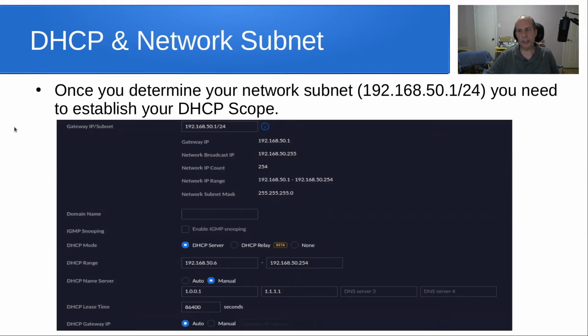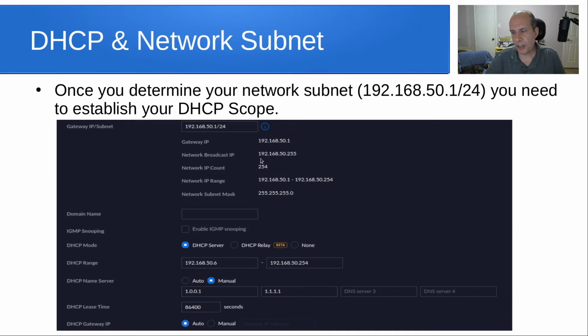So this is an example from my router, and as it turns out, the 192.168.50 network happens to be a VLAN on my network. You can see here that the gateway IP is 192.168.50.1. That means it's the address of my router. It's how you get off the 50 network and get to other networks or get to the internet.